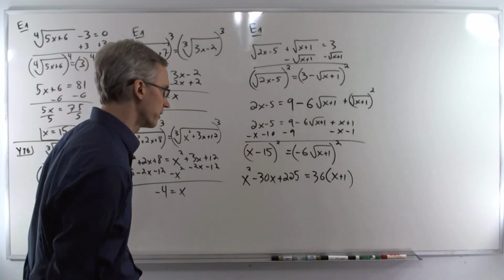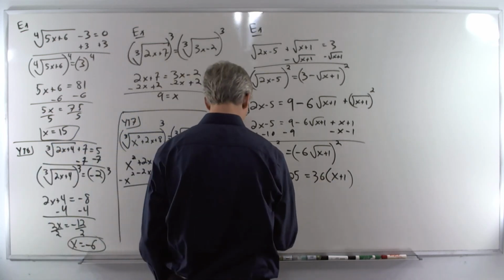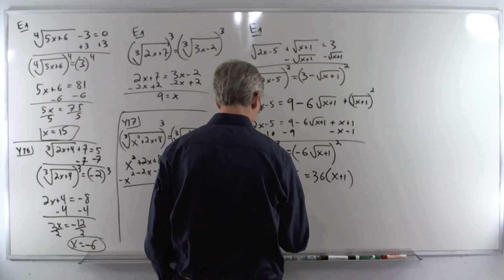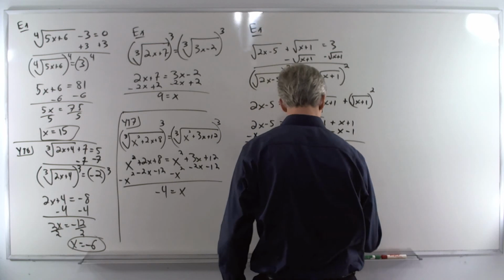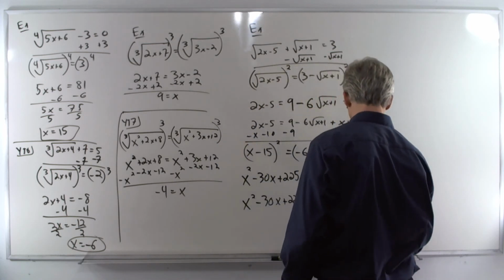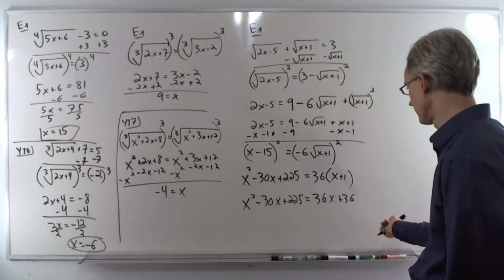Now we're going to have to distribute over here. 36x plus 36. Now we get everything to the left.